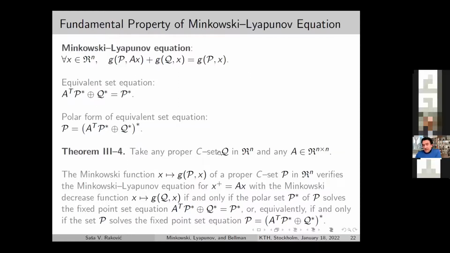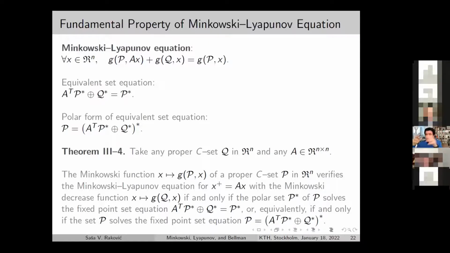So if you take any proper C set Q and any matrix A, the Minkowski function x to G of P of X of a proper C set P verifies the Minkowski-Lyapunov equation for the linear dynamics with Minkowski decrease function x to G QX, if and only if the polar set P star solves the fixed point set equation. Or equivalently, if and only if the set P solves the polar form of this equation. Okay, so this is the characterization or the fundamental property of this particular and special Minkowski-Lyapunov function.